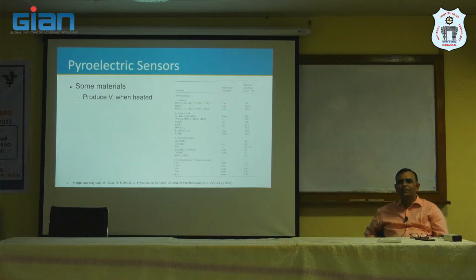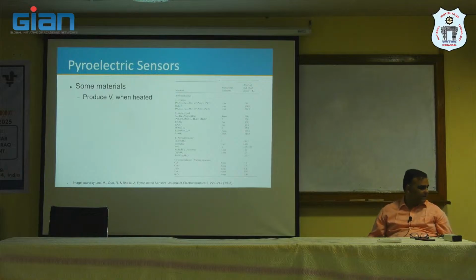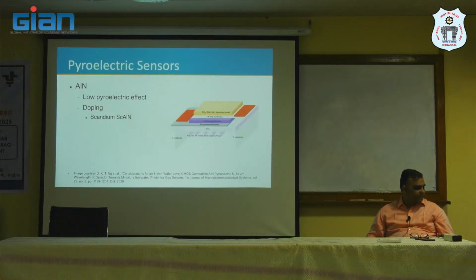So, till now we did not talk about how you package a chip. A chip comes packaged, and this is where we will be using quite a lot of other things. Now, people have tried making pyroelectric sensors from aluminum nitride, because again aluminum was available in silicon process, but it has not been a very good success because aluminum nitride itself has a very low pyroelectric effect.